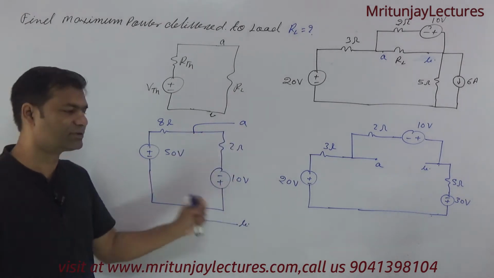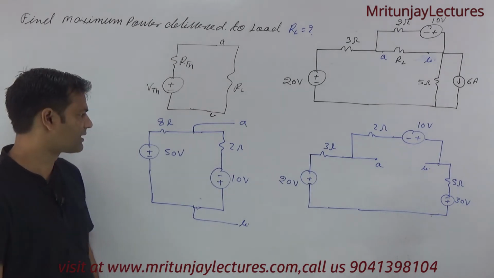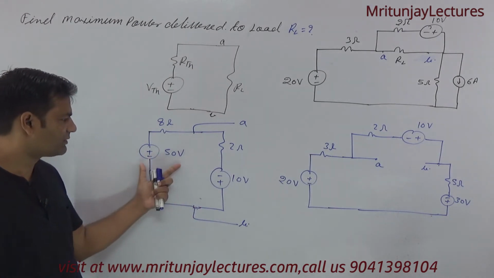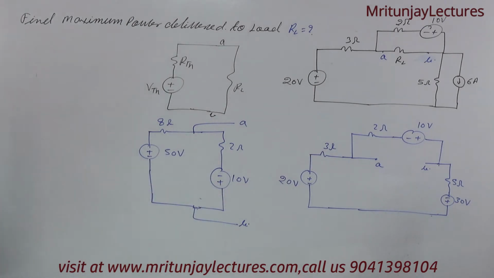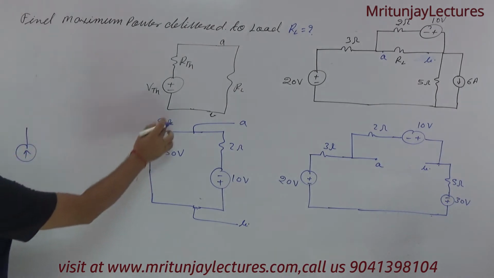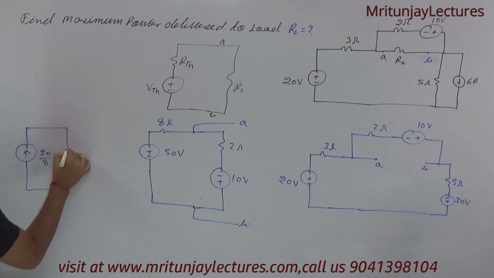So first of all, this one and this one are converted into a current source. So this one is 50 divided by 8, and what about resistance, that is 8 ohm.